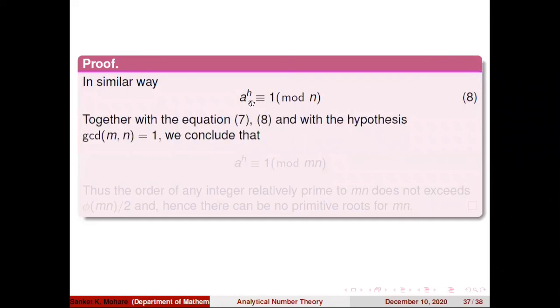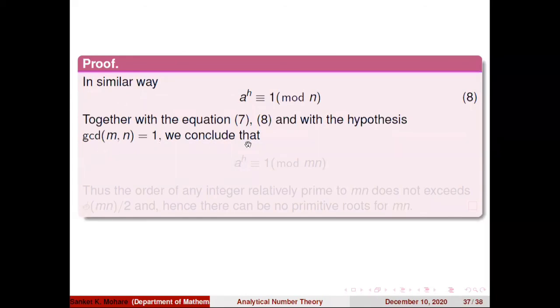What was equation number 7? A to the power h is congruent to 1 modulo m, and equation number 8 is a to the power h is congruent to 1 modulo n. Now together with equations 7 and 8 and the hypothesis, what was given? GCD of m comma n equals 1.